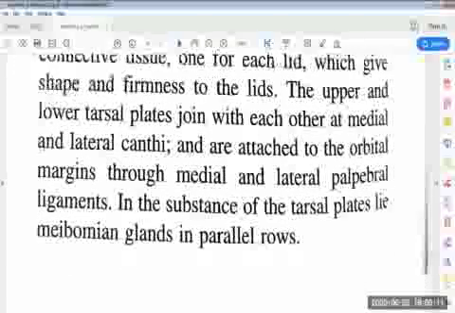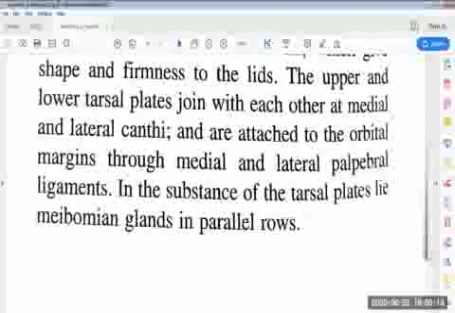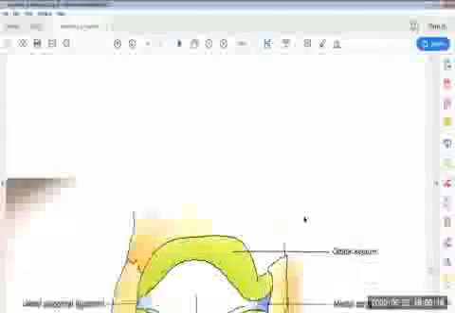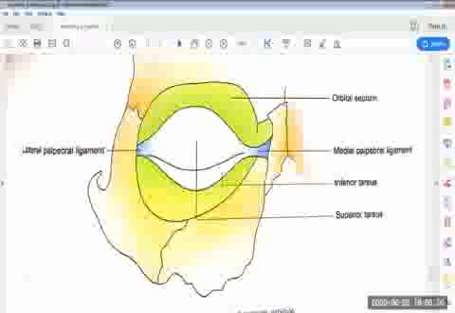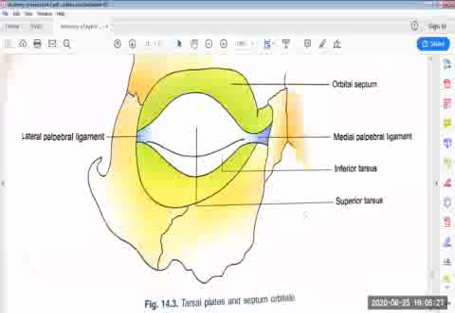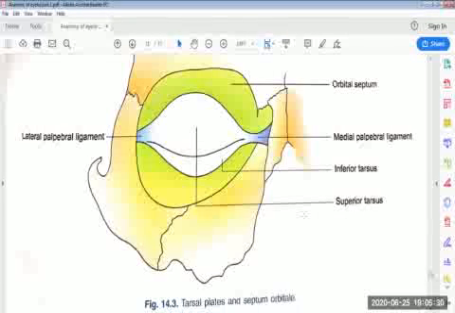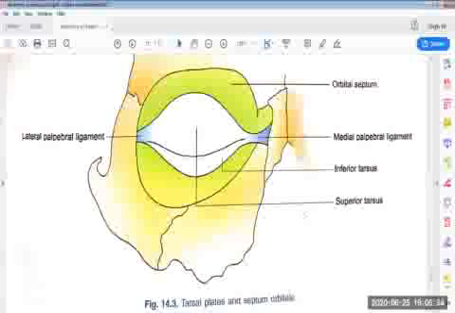Therefore, the meibomian glands are called the tarsal glands because they are present in the tarsal plates. In this image they have shown the tarsal plate and the septum orbitale: the inferior tarsus, superior tarsus, and on both sides the lateral palpebral ligament and the medial palpebral ligament.